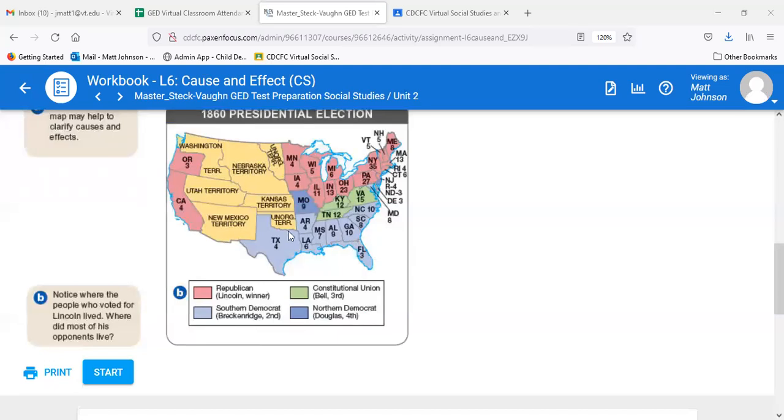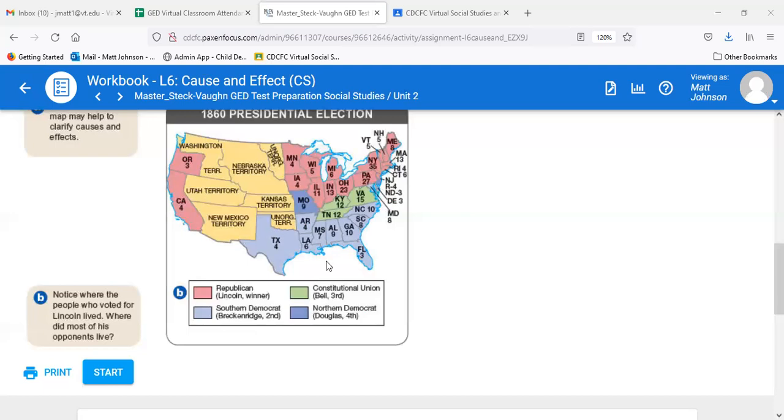When we're thinking about the Civil War and the two sides that fought in the Civil War, your sort of reddish color there is for the Republican and the winner. So the states, we already had Oregon and California already admitted to the Union. And then all these upper northern states voted for Lincoln. And then the lighter shade of blue, right, is your Southern Democrats that voted for Breckinridge.